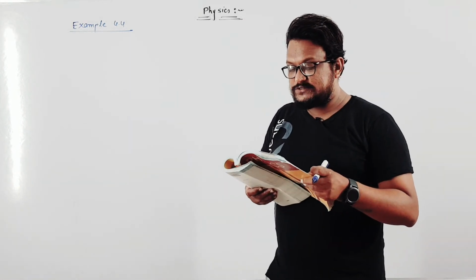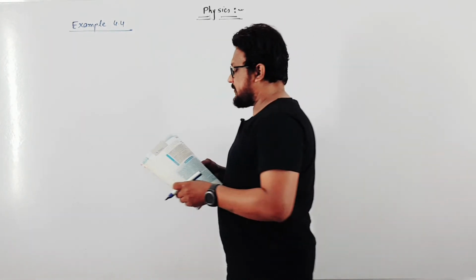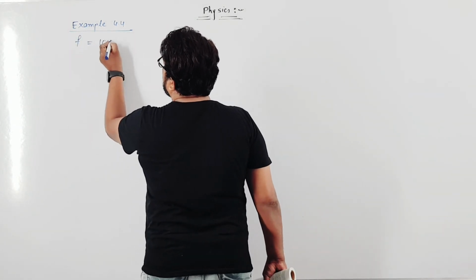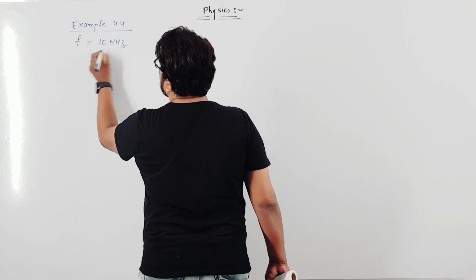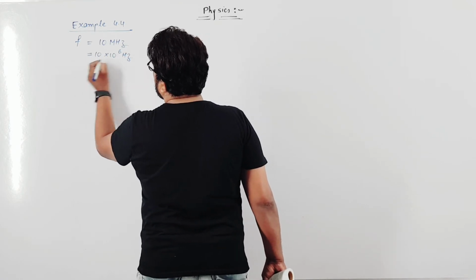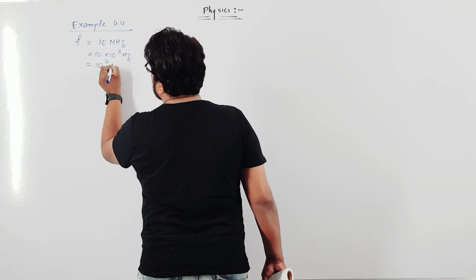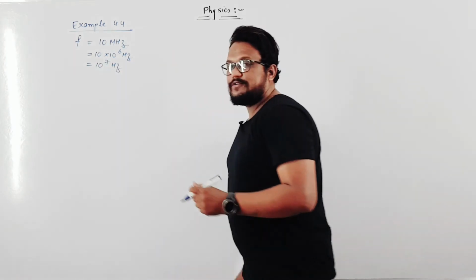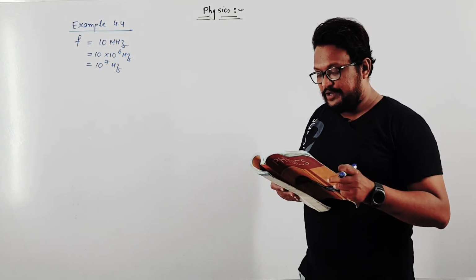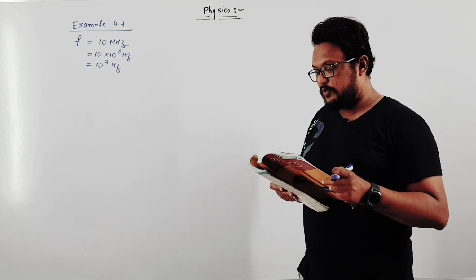A cyclotron's oscillator frequency is 10 megahertz. Operating frequency you can call 10 megahertz. So that is 10 into 10 to the power 6 hertz, or you can say 10 to the power 7 hertz. This is the operating frequency. What should be the magnetic field for accelerating protons?